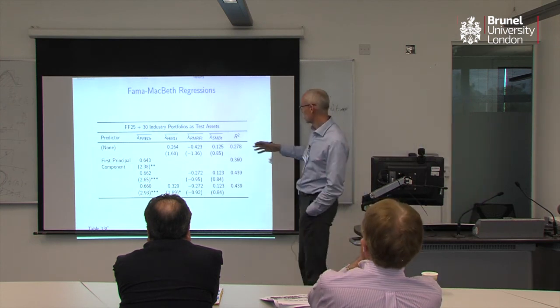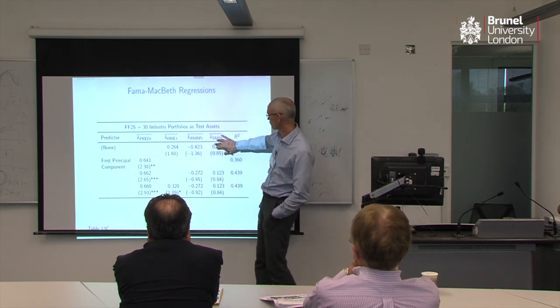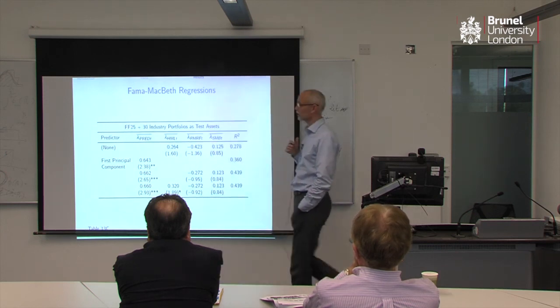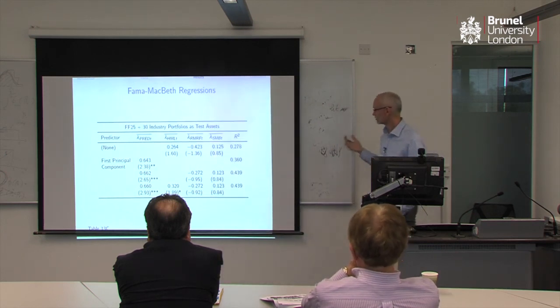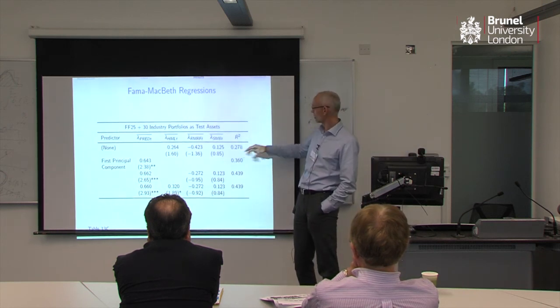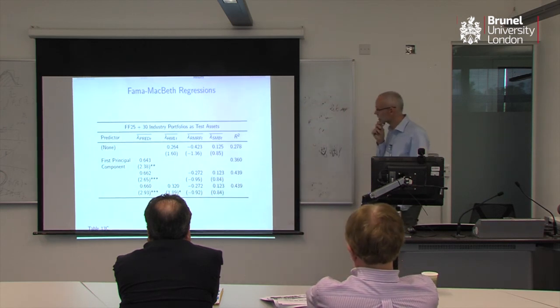If you just look at the Fama-French three-factor model, how well does that do in predicting these 55 portfolios? There's an R-square of about 28. Lewellen et al. get about 31% R-square, so this is similar.